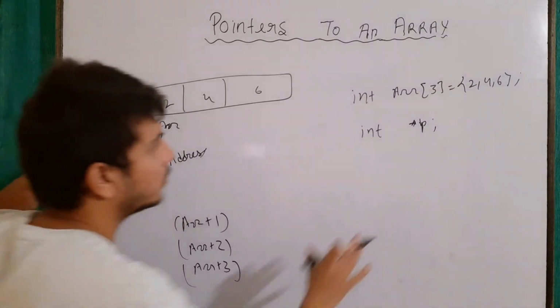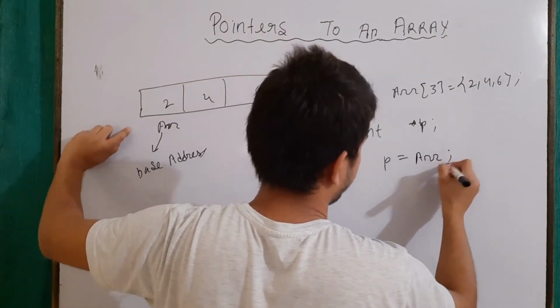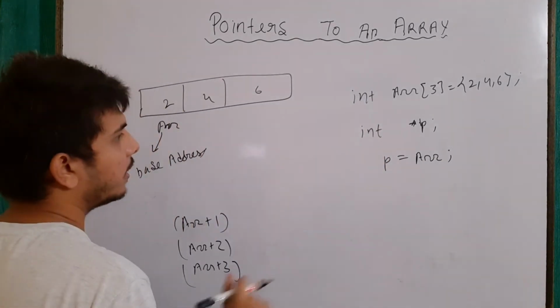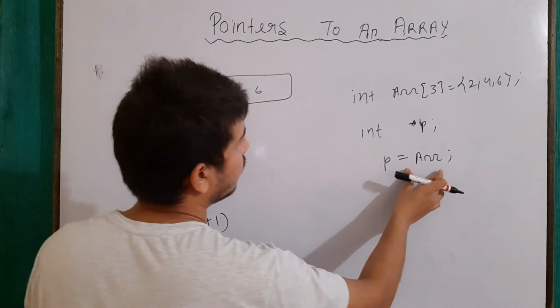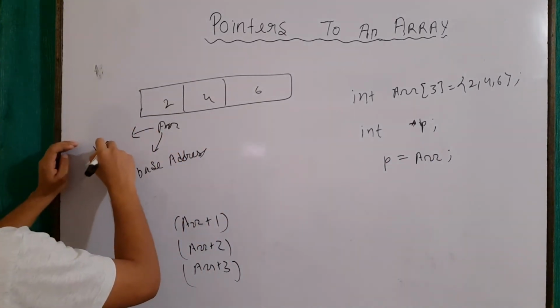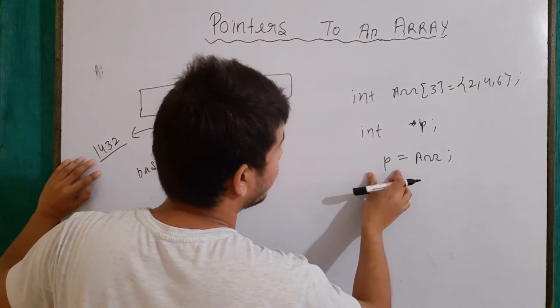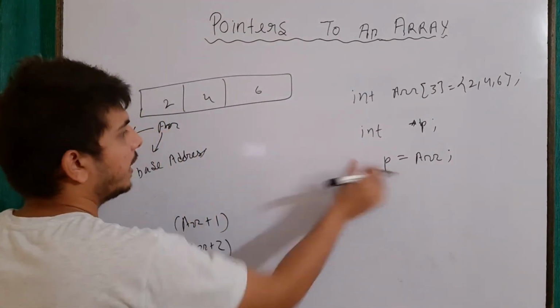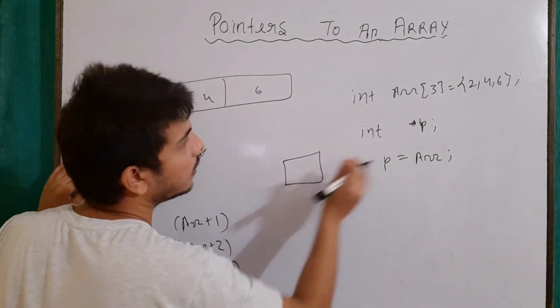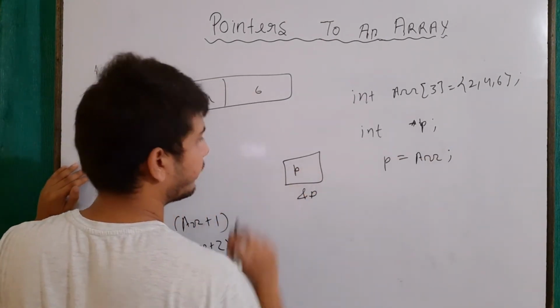So here I can write something like p equals arr, right? So now what happened is that whatever is the address of this location, let's say this was 1432, this address is now also pointed to by p. So what happens here, when p is defined, there will be some address of p, right?